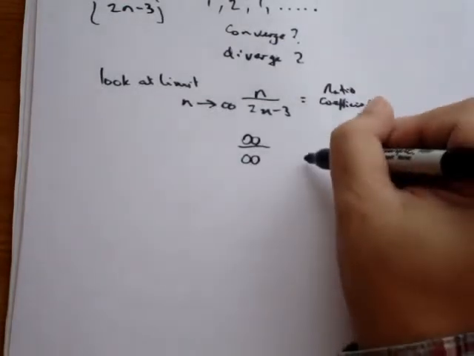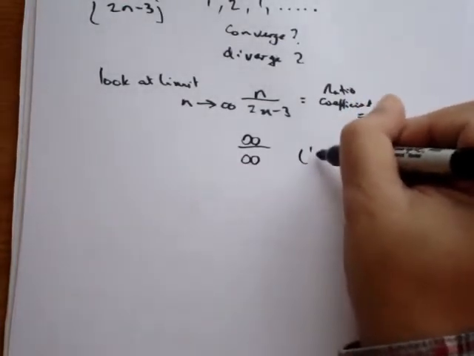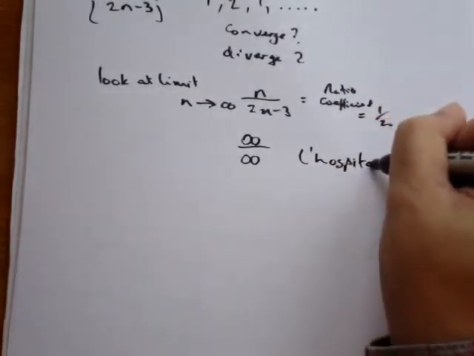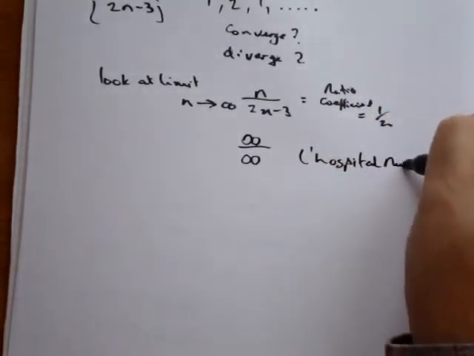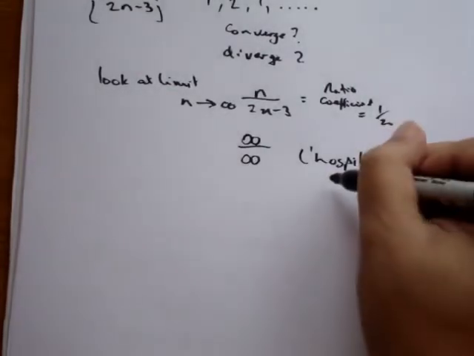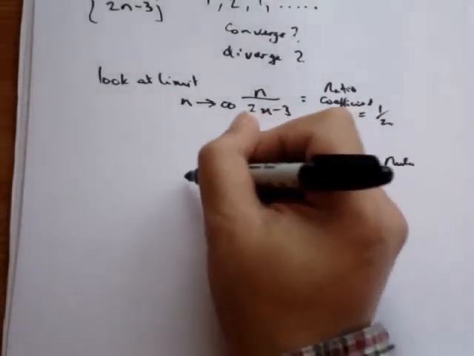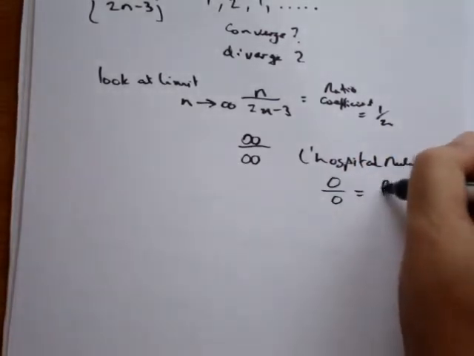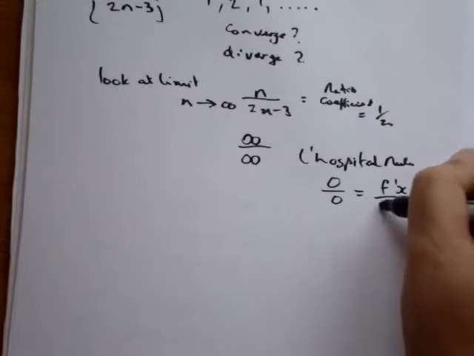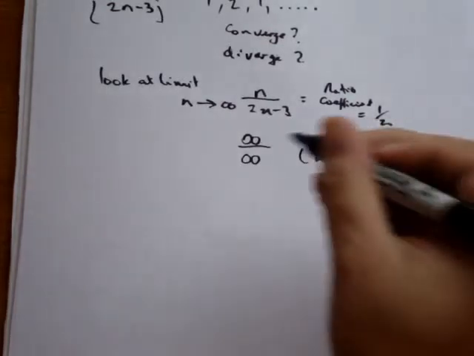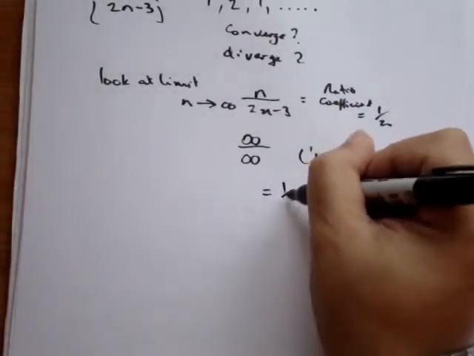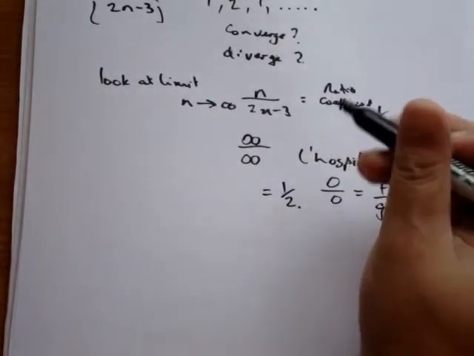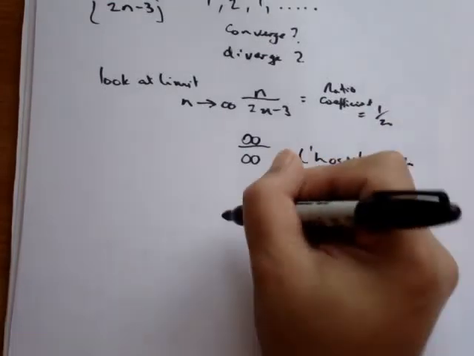And using L'Hospital's rule, for limits where we have 0 over 0 or infinity over infinity, f of x over g of x, this equals 1/2. So it converges to 1/2.